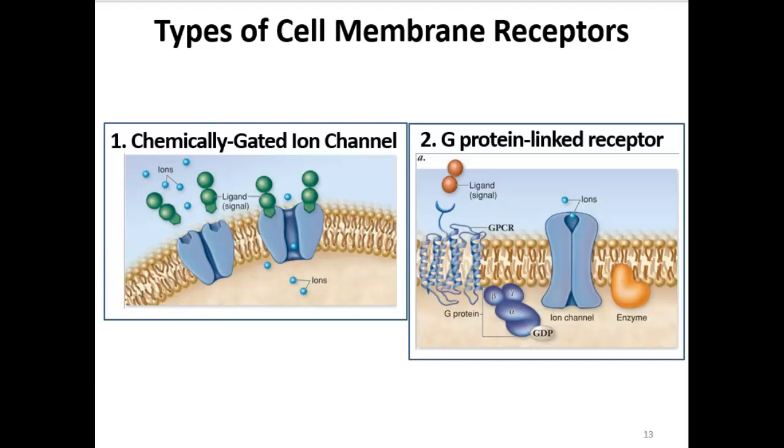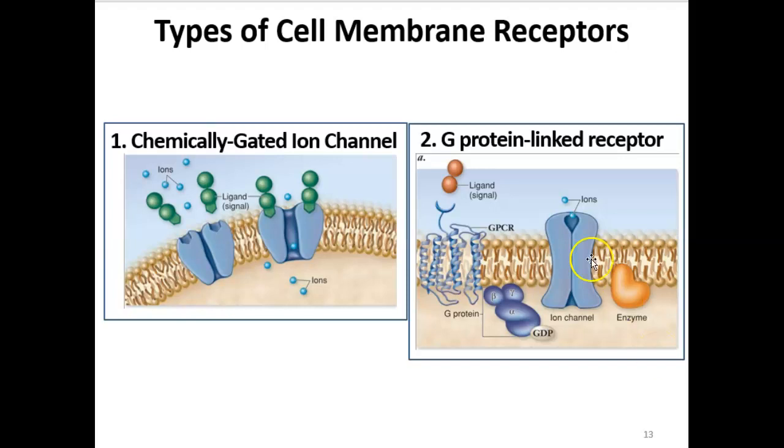In the second type, labeled number 2 on the screen, a G protein is linked to a cell surface receptor. This G protein is a separate membrane protein and is activated when the ligand binds to the receptor. Once the G protein is activated, it will have an effect on other nearby proteins.